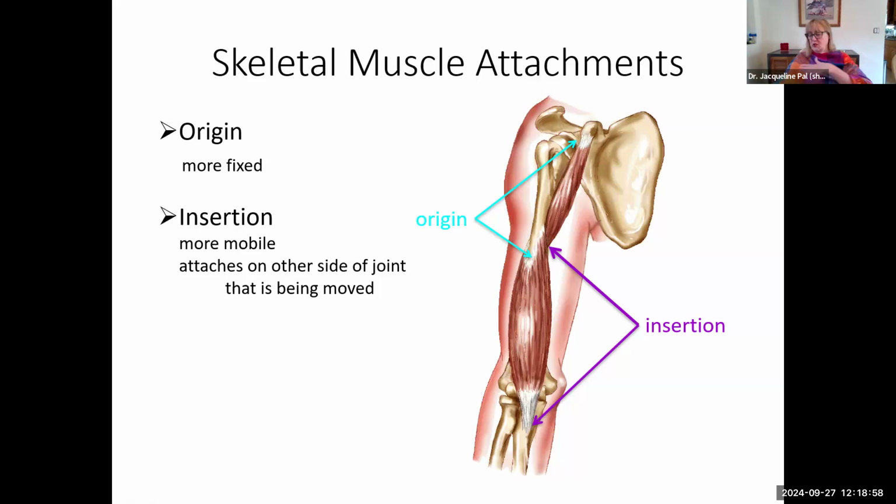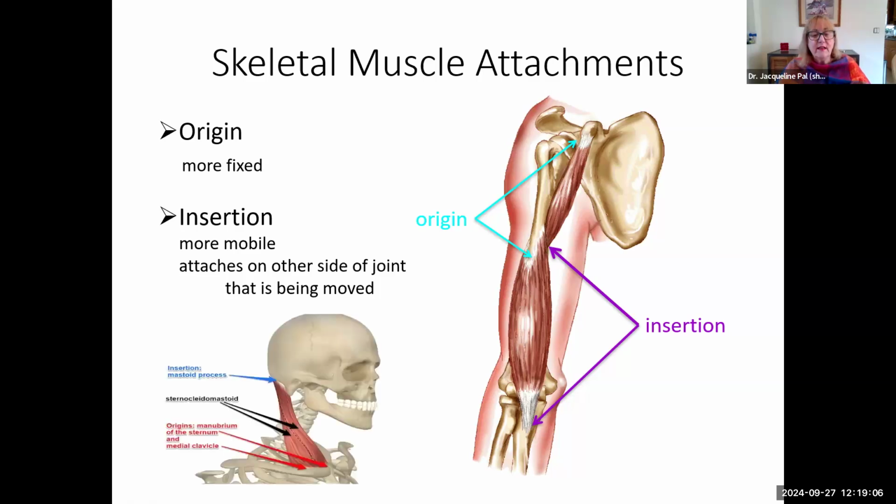Now, I don't want you to think that it's always what is downstream that is going to be the more mobile attachment. For instance, if we look between your chest and your head, we have muscles that go from your sternum and your clavicle to your head. And you can move your head a lot more than you can move your sternum and your clavicle.